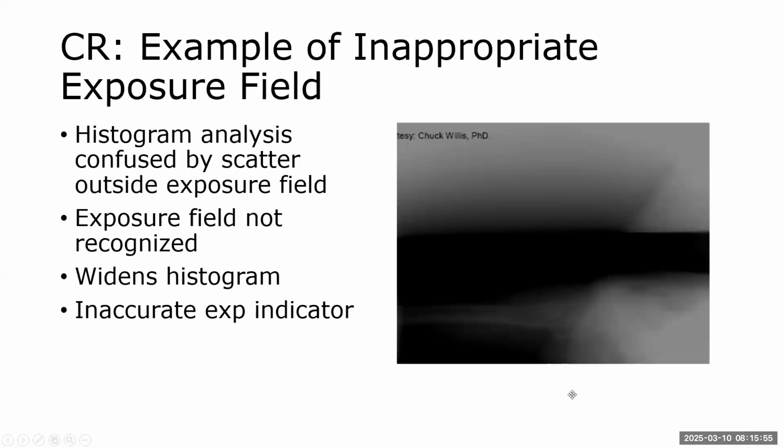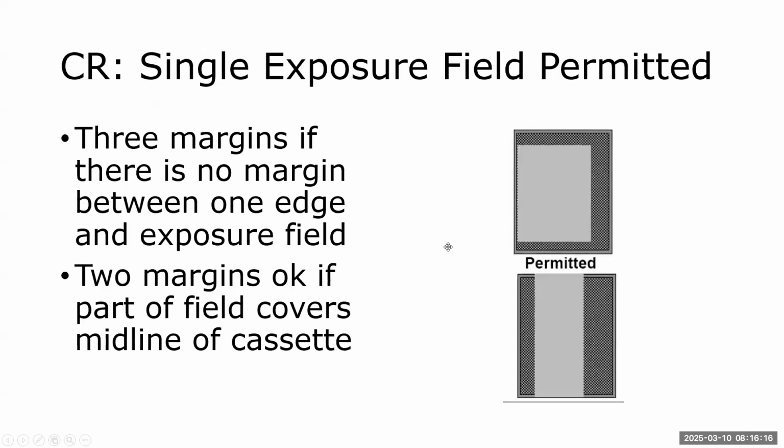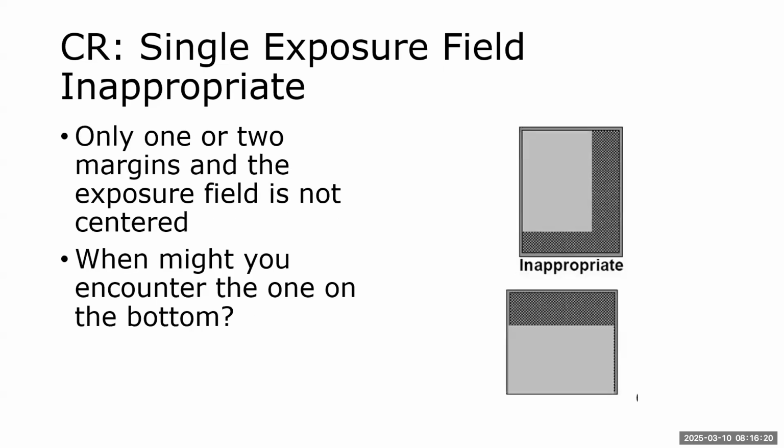Now, for example, this is a cross table or trauma hip. It says histogram analysis is confused by the scatter outside the exposure field, meaning this scatter here is confusing it. The exposure field is not recognized because we don't meet those criteria, like being in the center or having three margins.